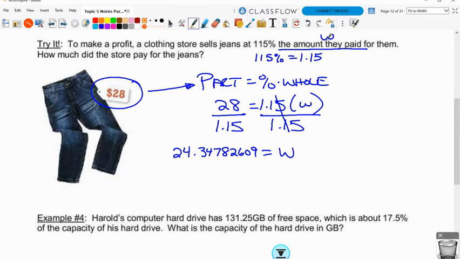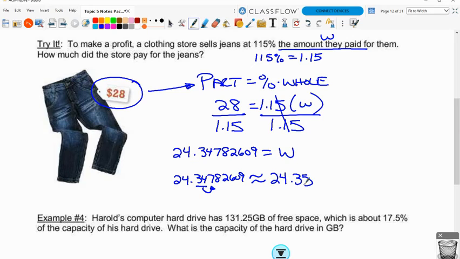But remember, up here, W is the amount that the store paid. So this number is going to have to turn into money. So we're going to take 24.34782609 and round it to the nearest hundredth. Right now, it looks like 34 hundredths, but the 7 right there in the thousandths place is enough to round us up to 35 hundredths. So this is going to be about 24 and 35 hundredths.